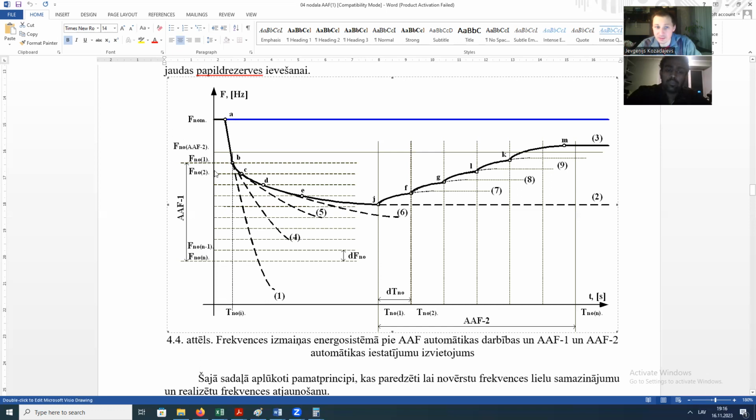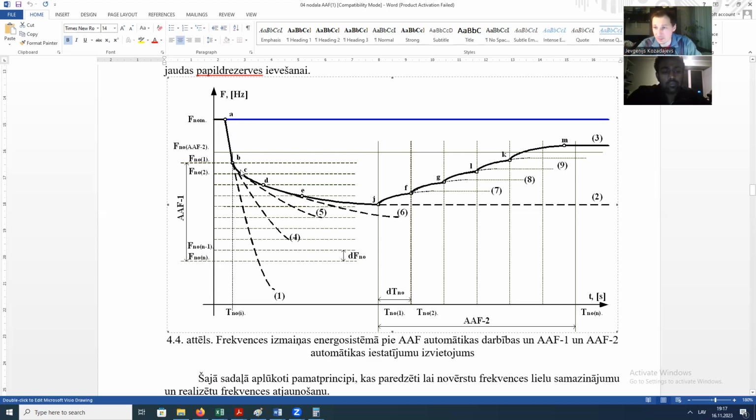That means if the frequency continues to drop, we'll disconnect the second group of consumers, and so on. So we have n groups of consumers which are connected to this automatic, and we disconnect in series from the first till the n-th group of consumers. And as we start to disconnect consumers, it means that we decrease this imbalance.